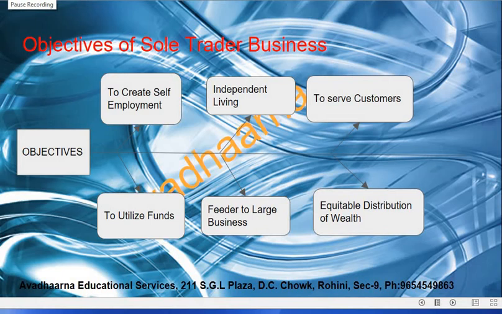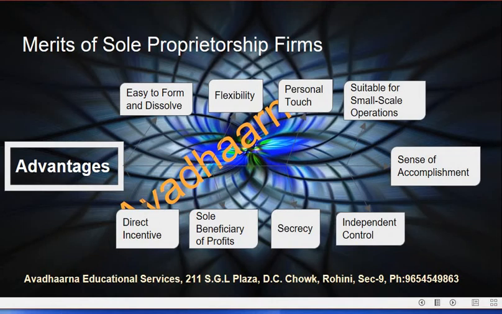These are some of the objectives of sole trader business: to create self-employment, independent living, to serve customers, equitable distribution of wealth, feeder to large business, to utilize funds. These are the merits of a sole proprietorship firm: easy to form and dissolve, flexibility, personal touch, suitable for small scale operation.